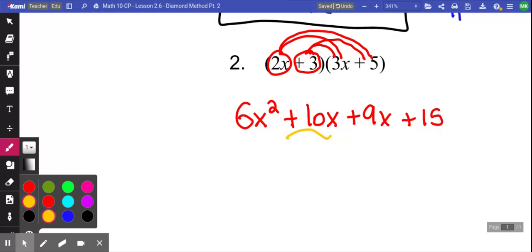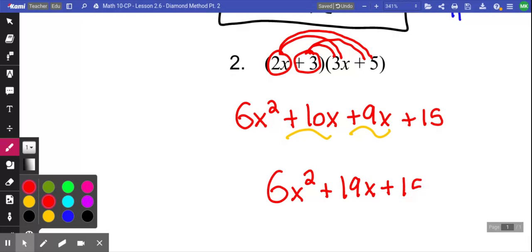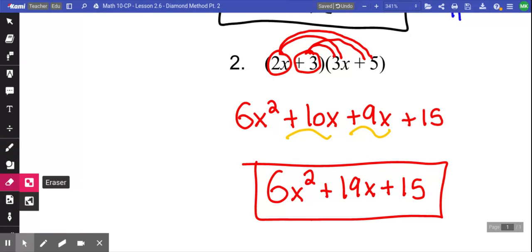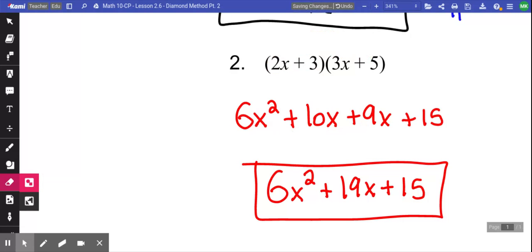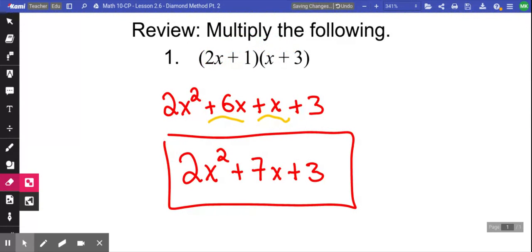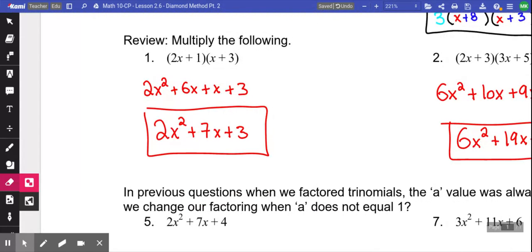We collect our like terms, and this becomes 6x squared plus 19x plus 15. Awesome. That's just a reminder that when we multiply, 2 binomials become a trinomial. Cool. We're going to factor again.